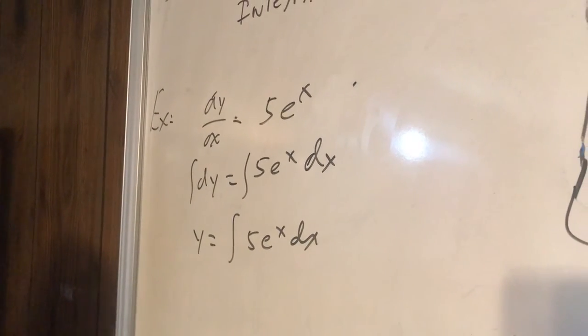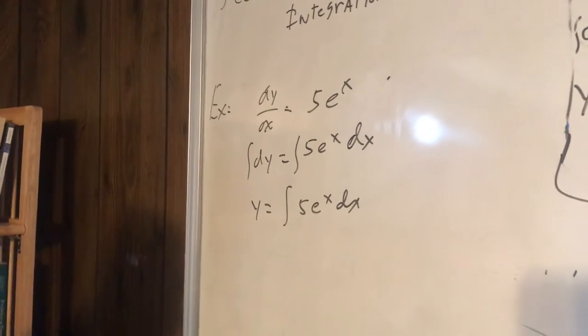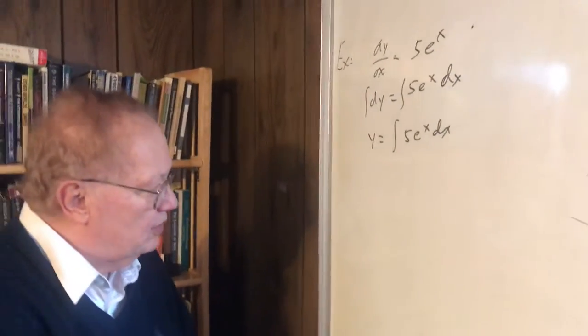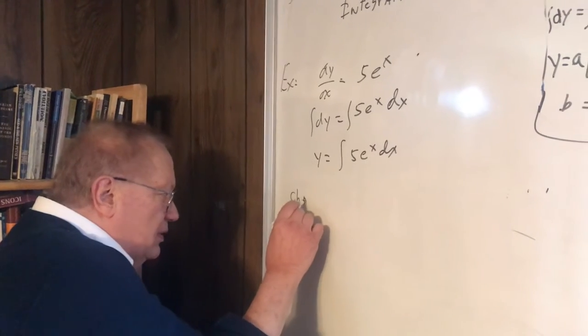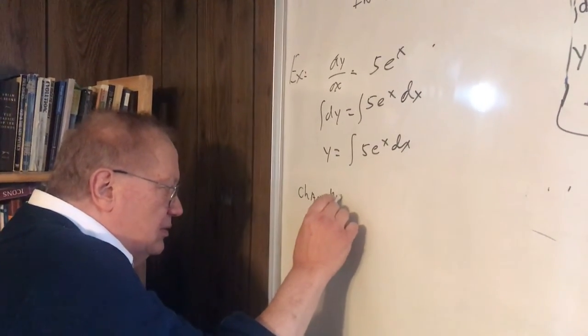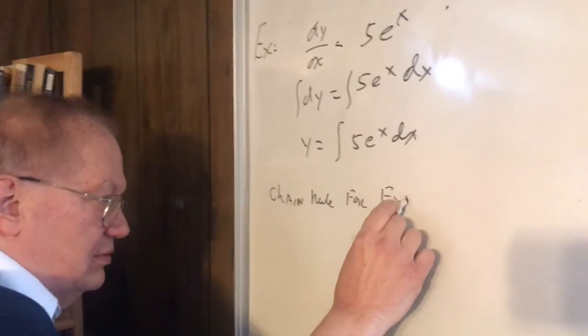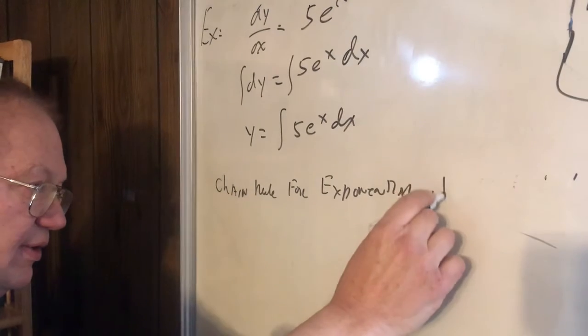The trouble with these problems is they frequently, most of the time, need a chain rule. So what I'm going to do is give you a chain rule for exponential integration.